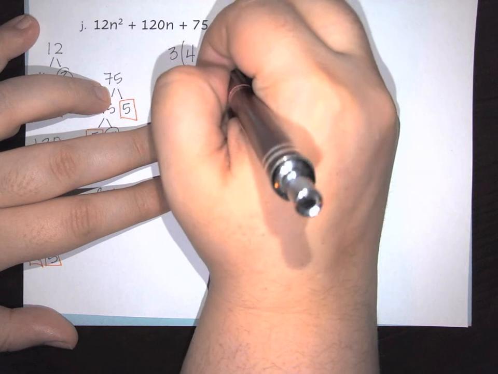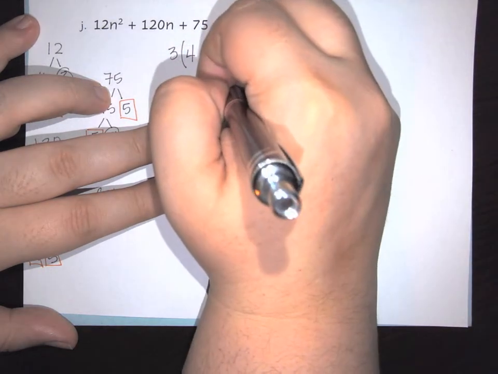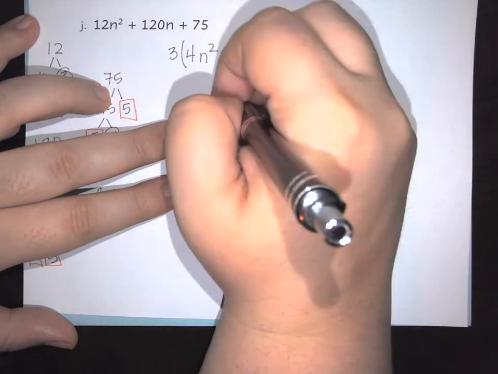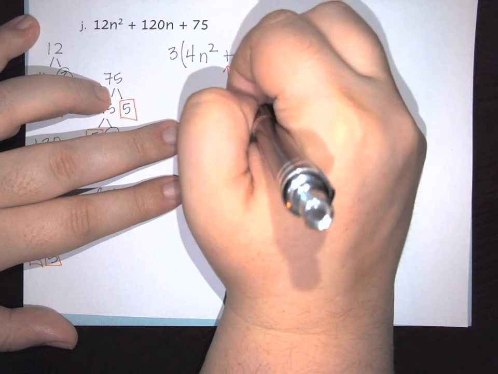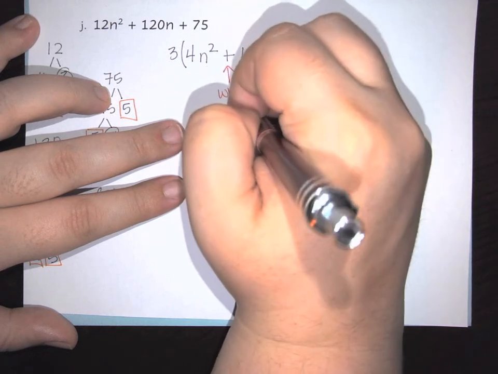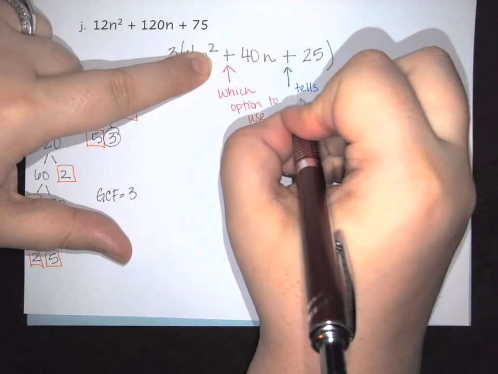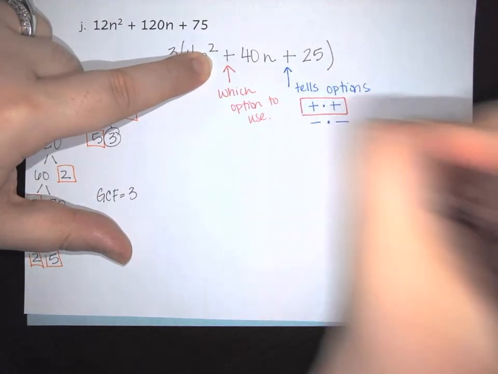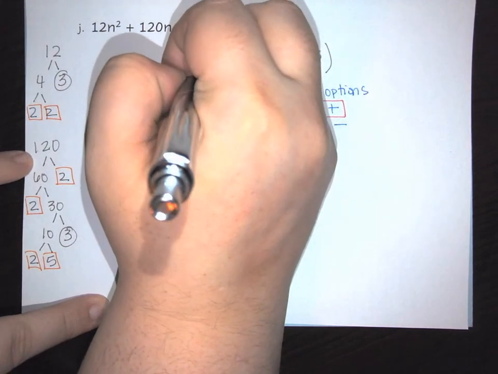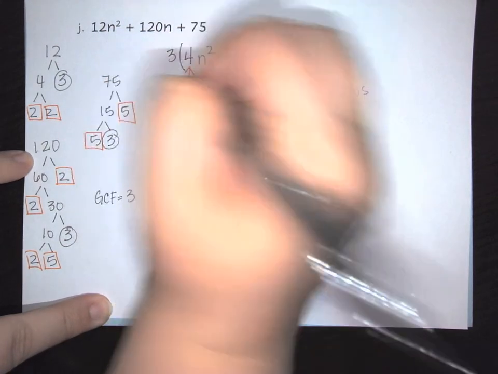The middle term here tells you which option to use. Because this term is positive, we have to use the positive term. And then this last term here says that a is greater than 1.